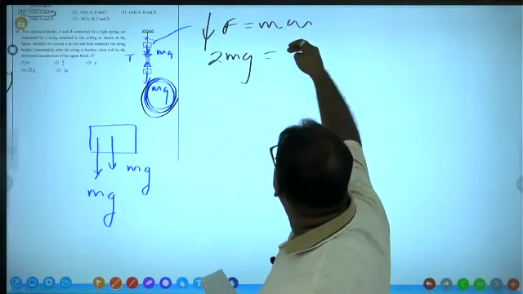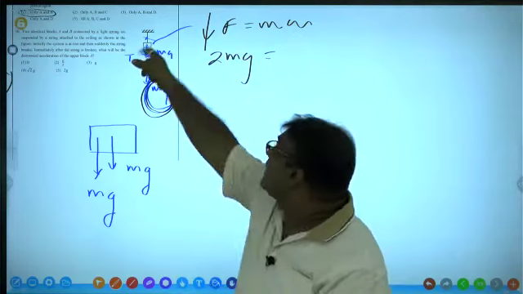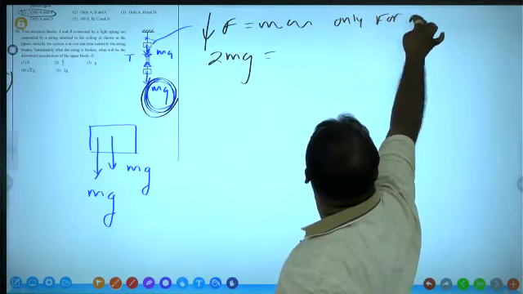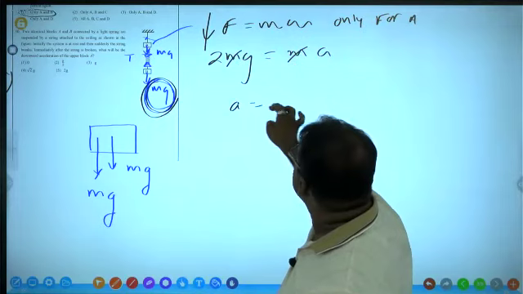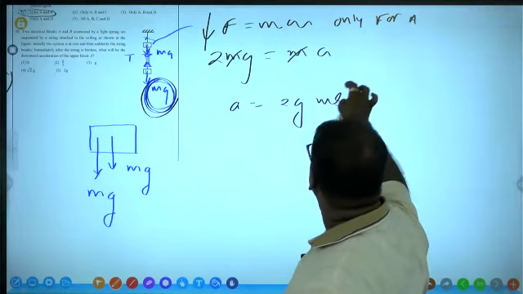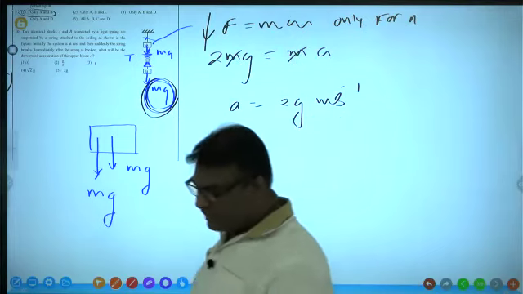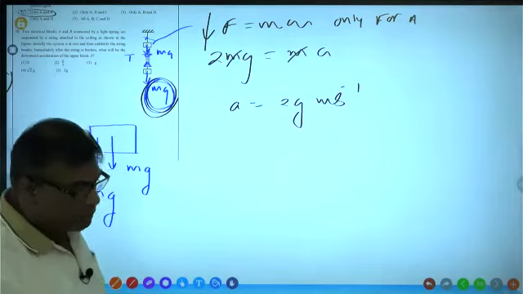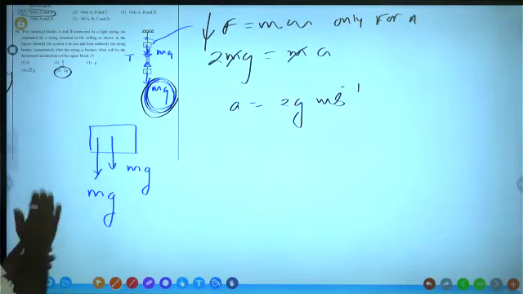Then 2mg is the downward force. We apply F = ma only for this mass, so we get ma. Then a becomes 2g. But this lasts only for a moment. As soon as this acts, it will vanish, and after that the acceleration converts to g, gravitational acceleration. So your answer should be 2g. 2g is the fifth answer. Right.